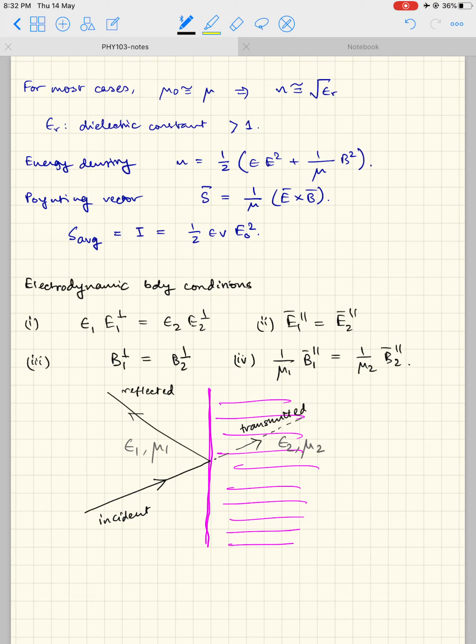So in the next class we will actually see this in more detail and work this out, and we will figure out what happens in the simple case when there is normal incidence.